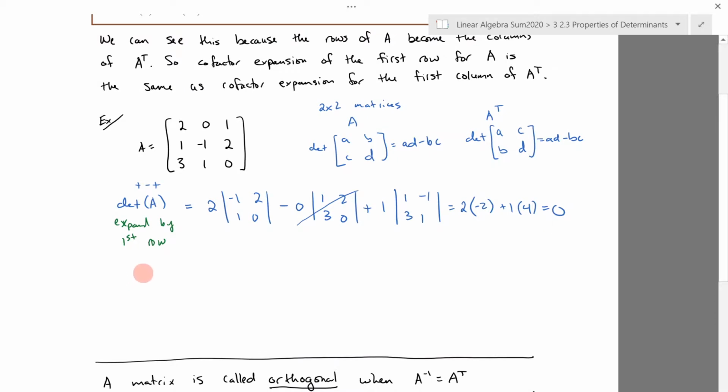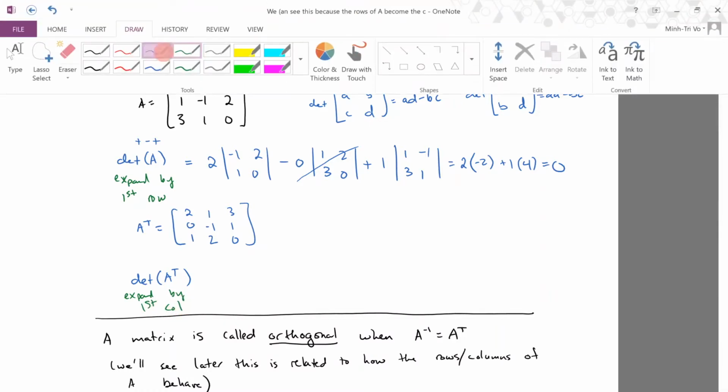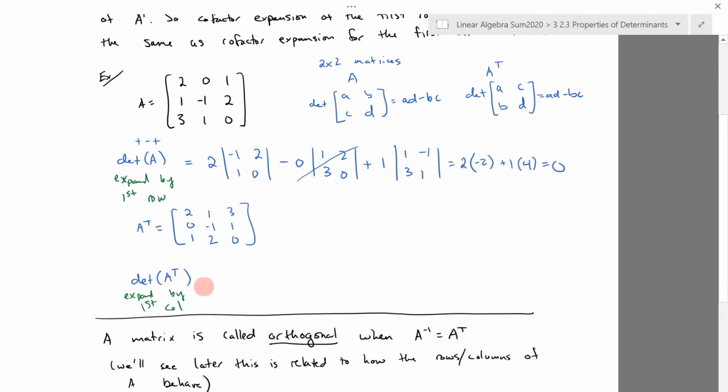What about A transpose? A transpose looks like this: 2, 0, 1, 1, negative 1, 2, 3, 1, 0. Now if I calculate the determinant of A transpose, I'm expanding by the first column. Plus, minus, plus.